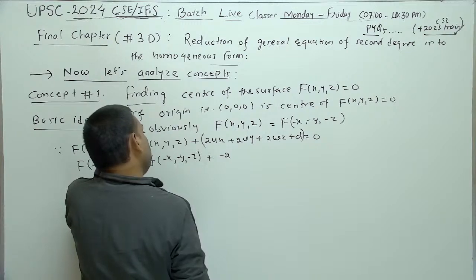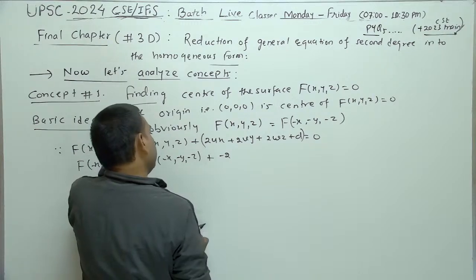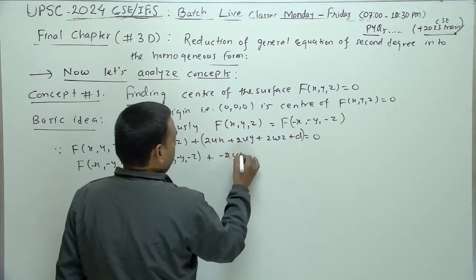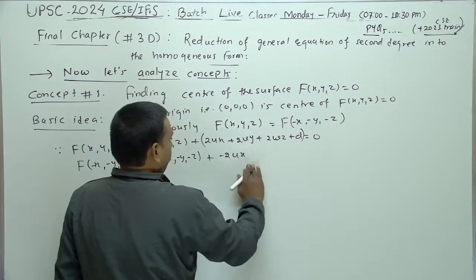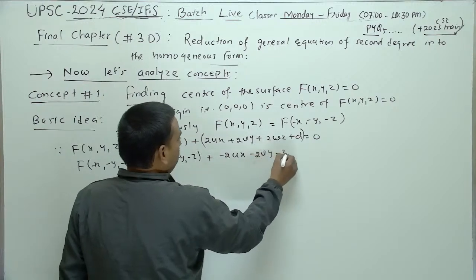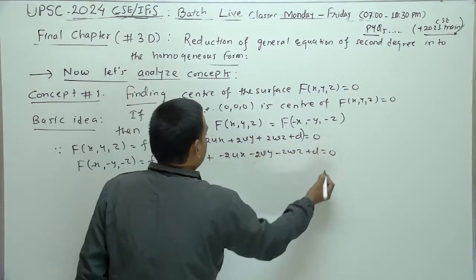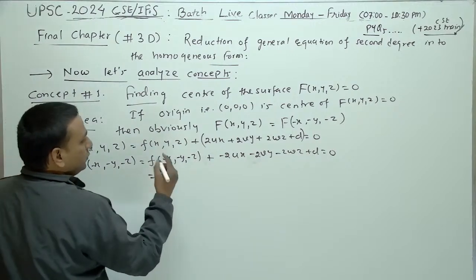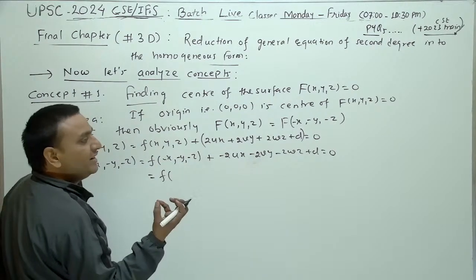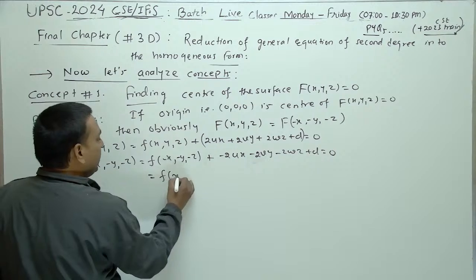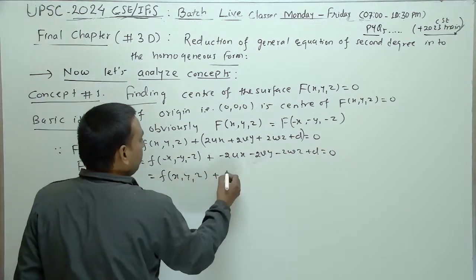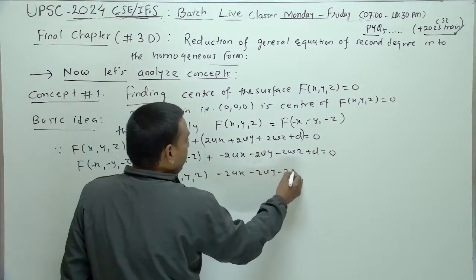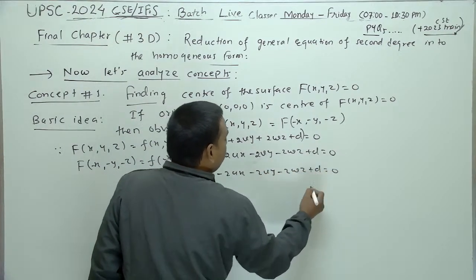If the origin is the center, then d will be 0 anyway. Here we have minus 2ux, minus 2vy, minus 2wz plus d equals to 0. Since small f of x y z, which we took as the second degree terms, remains x y z itself, this turns out to be minus 2ux minus 2vy minus 2wz plus d equals to 0.